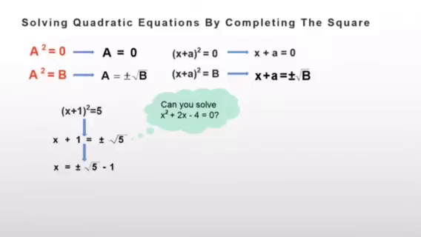Now, if you look at this quadratic, x squared plus 2x minus 4 equals 0, if you expand (x plus 1) squared equals 5 into x squared plus 2x plus 1 equals 5, and then minus 5 on both sides, you realize that this quadratic here, x squared plus 2x minus 4 equals 0, is the same as (x plus 1) squared equals 5.